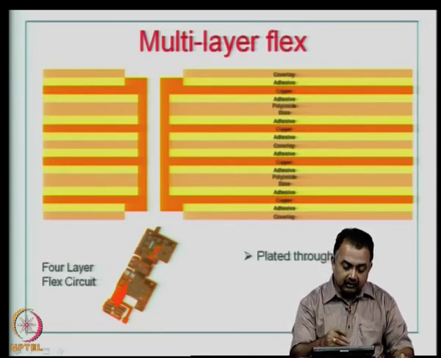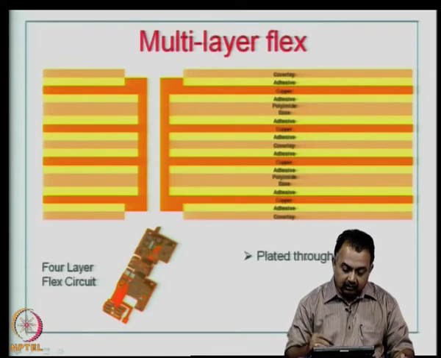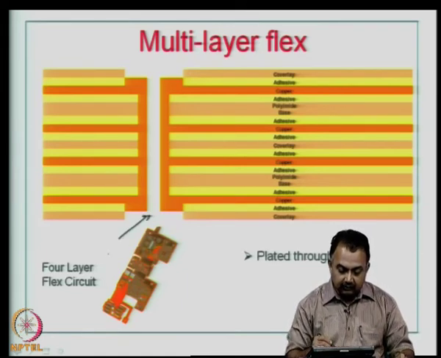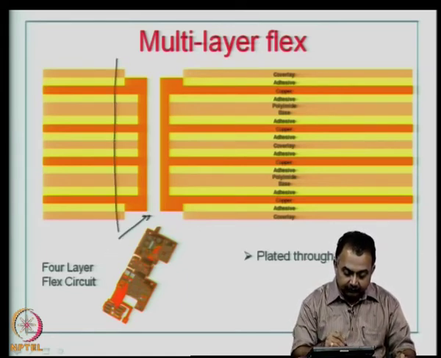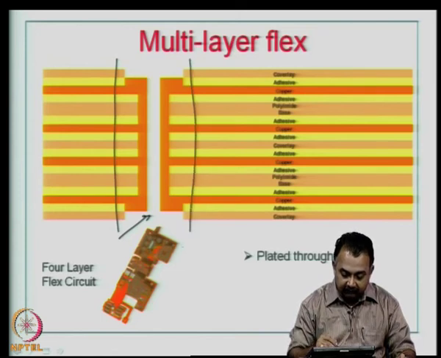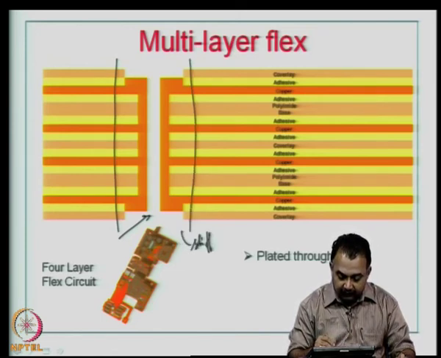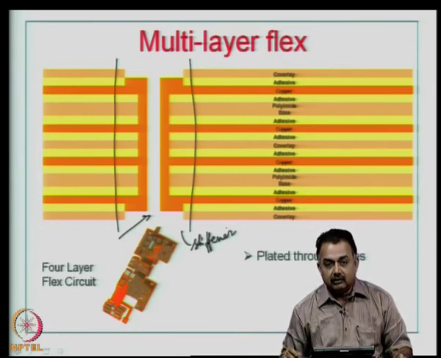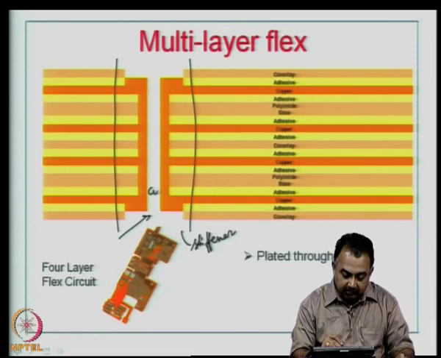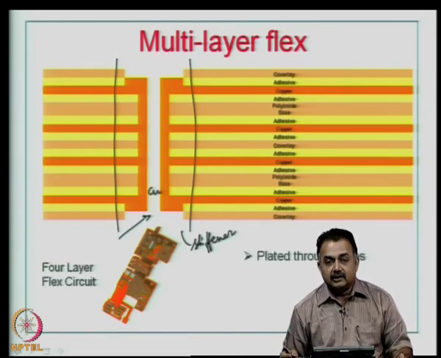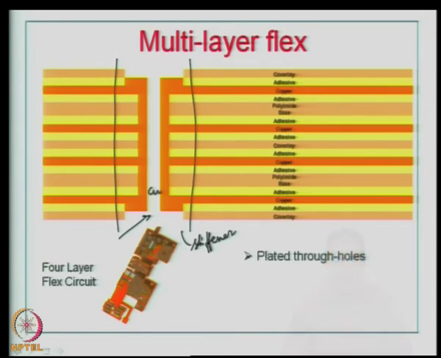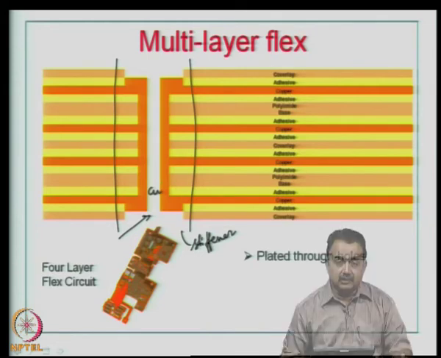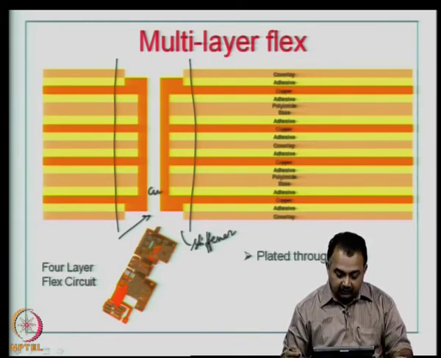You can drill a mechanical hole here like this, which means in this area you have to provide some kind of a stiffener, so that you can drill a mechanically drilled through hole, and then this can be plated with copper and necessary interconnections can be provided to the inner layers, or simply it can connect all the layers depending on the design. So, this is a modification in the flex circuit buildup.